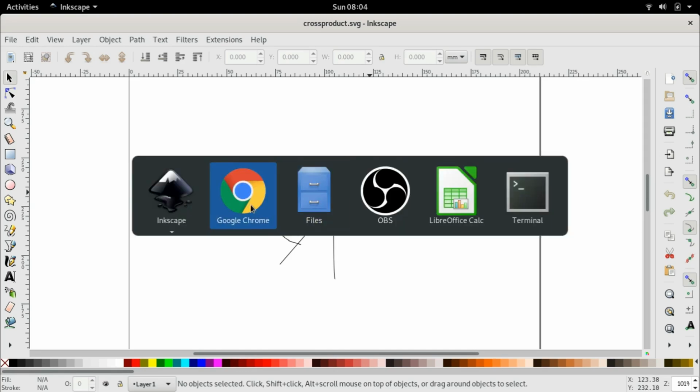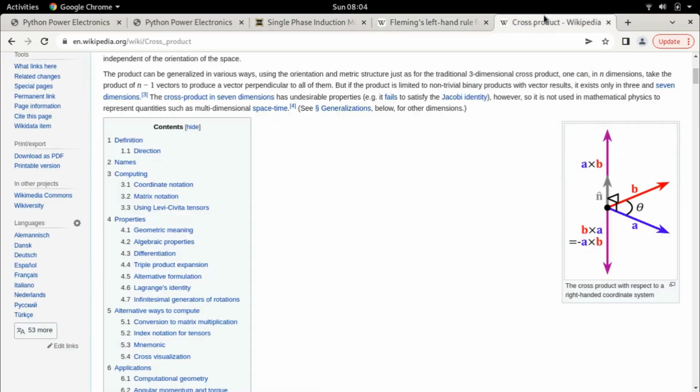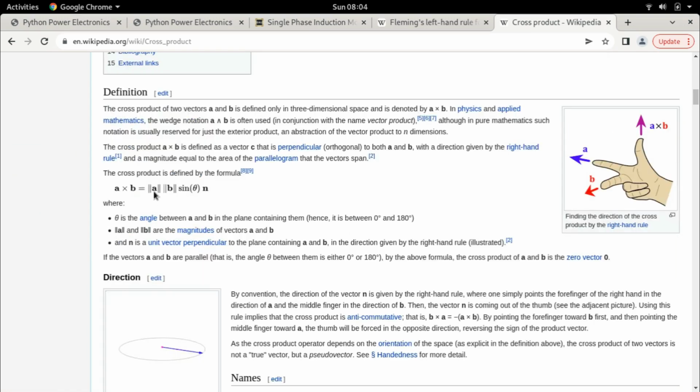So if we come back to the browser and check out what the cross product is, if we were to say that the magnetic field were to be represented by this vector A and the current were to be represented by this vector B with an angle theta between them, then in that case the cross product will be the mechanical force and will be represented by AB sine theta.